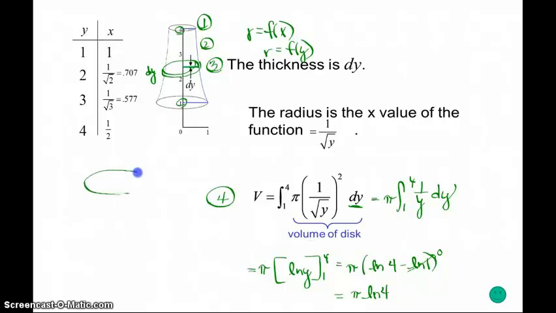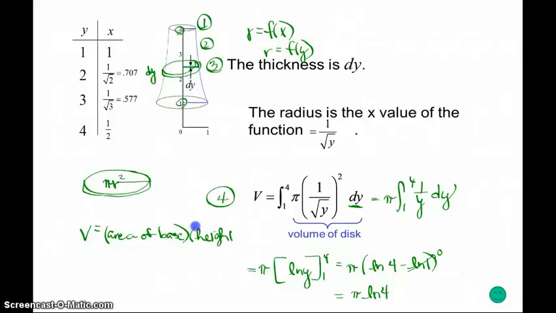And the secret of success on the disk method is to realize that all of your disks are really just cylinders. Any three-dimensional solid, its volume is always the area of the base, just like we did on the last example. Always the area of the base for us. The base is always a circle if we're dealing with a cylinder, times the height.